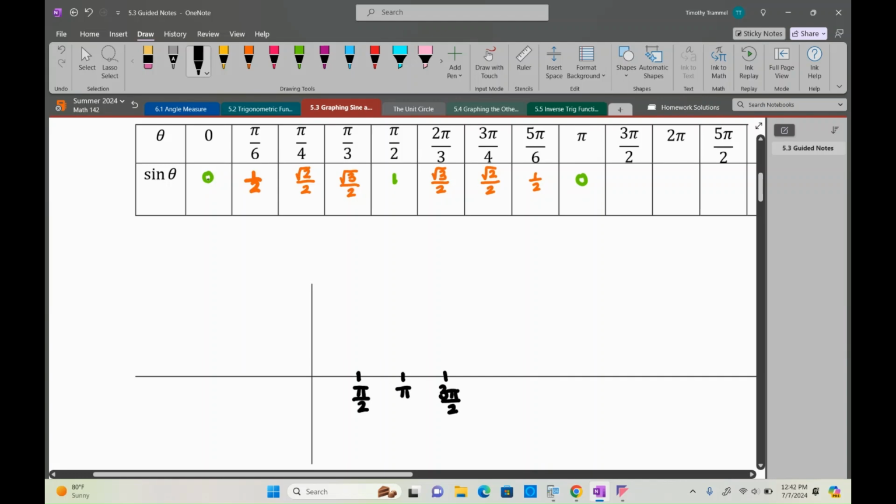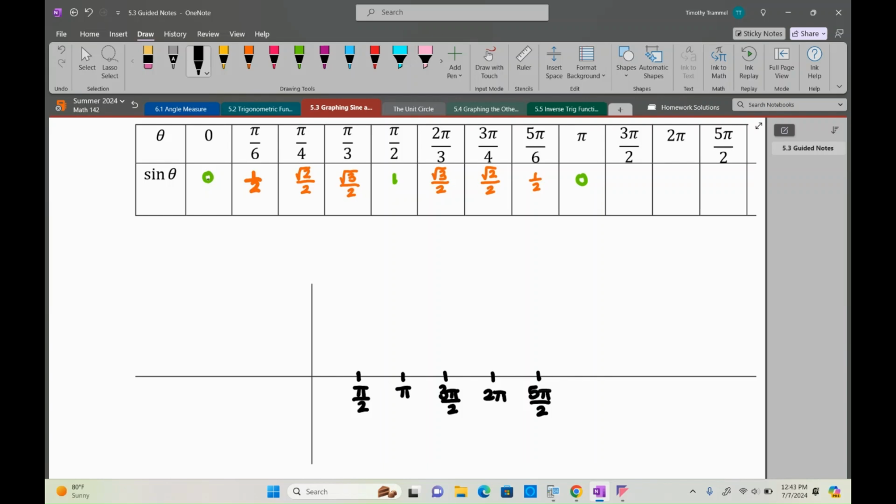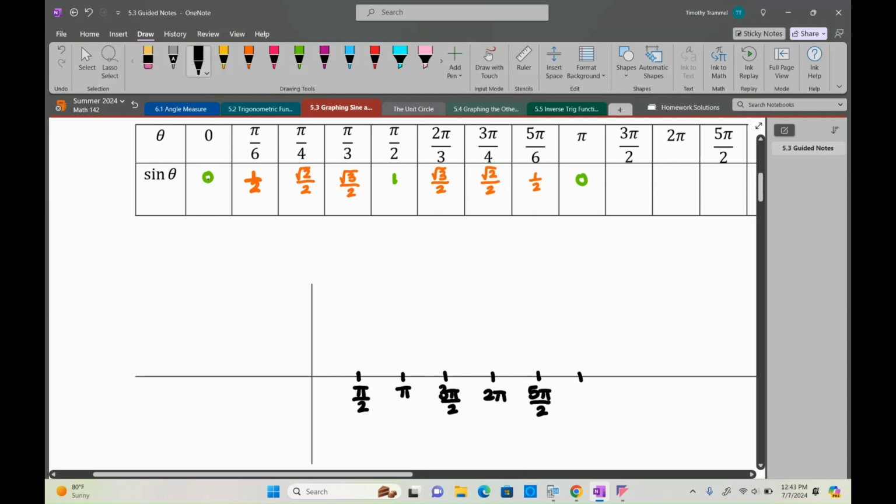Another pi over 2, that's going to be 2 pi. Another pi over 2, 5 pi over 2. Another, we get 6 pi over 2, which is 3 pi. And another one, we'll have 7 pi over 2. I'll probably end it after the 7 pi over 2. A single more pi over 2 will get us to 4 pi.